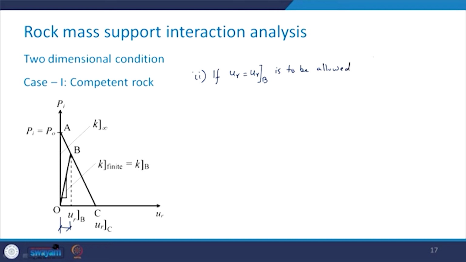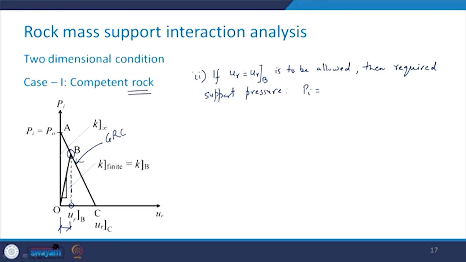So, in that case, what will be the required support pressure? Pi will be equal to, see, the required support pressure will be, I take from this point a vertical line like this dotted line and I reach here, which is the GRC, ground response curve, for this competent rock.